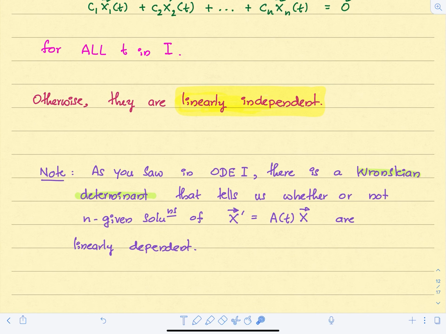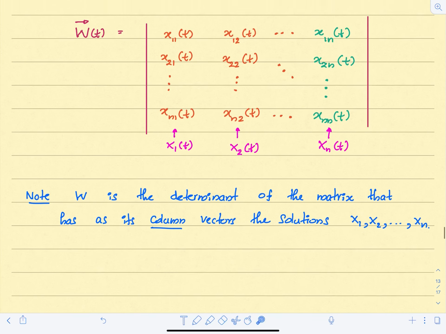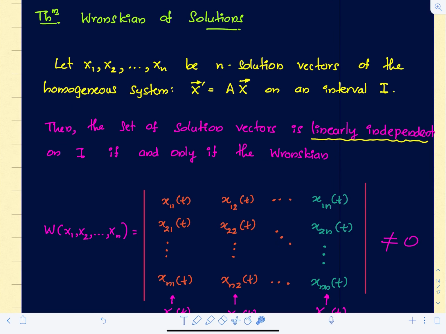Now in ODE 1 we used the Wronskian to determine whether functions are linearly independent or not. So this time we use the same concept, and here we have a theorem.